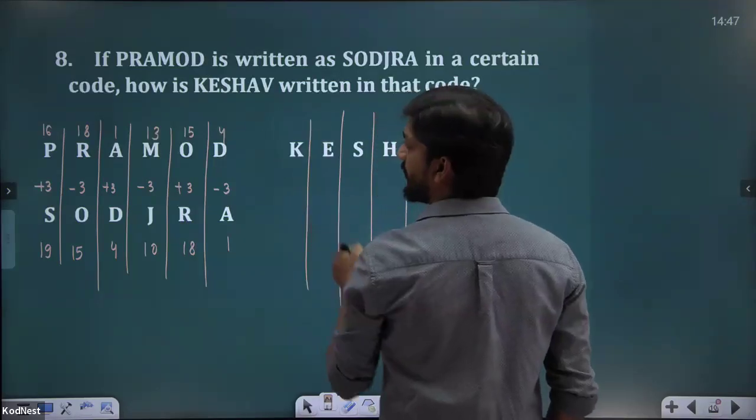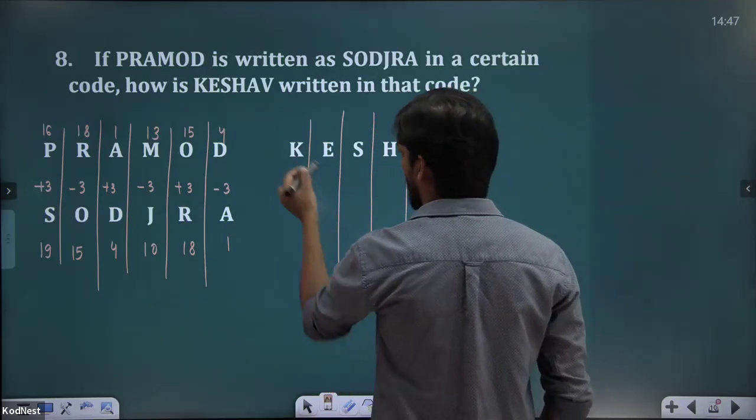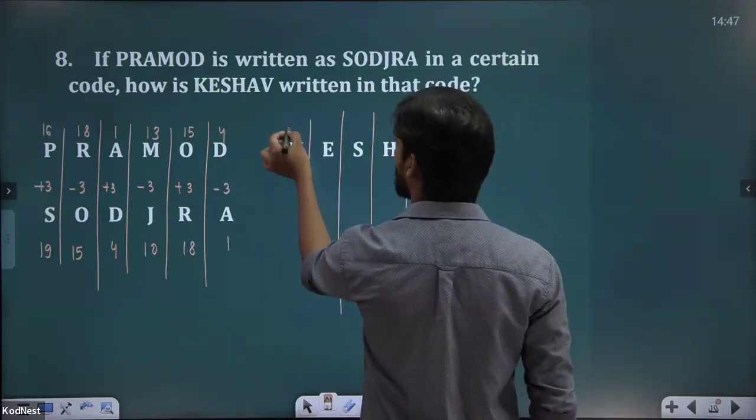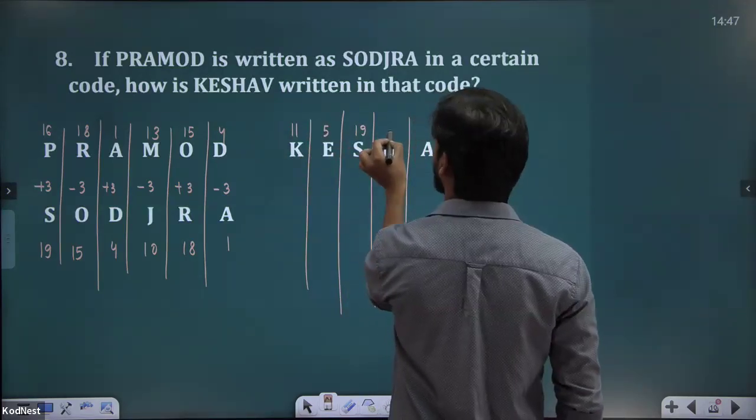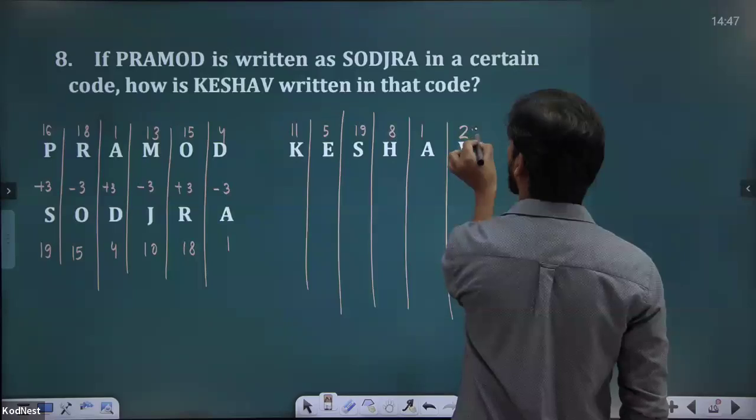Okay. So first I will do plus 3. So many ways are there. Let me first write the place values if you want. 5, 19, 8, 1, 22.